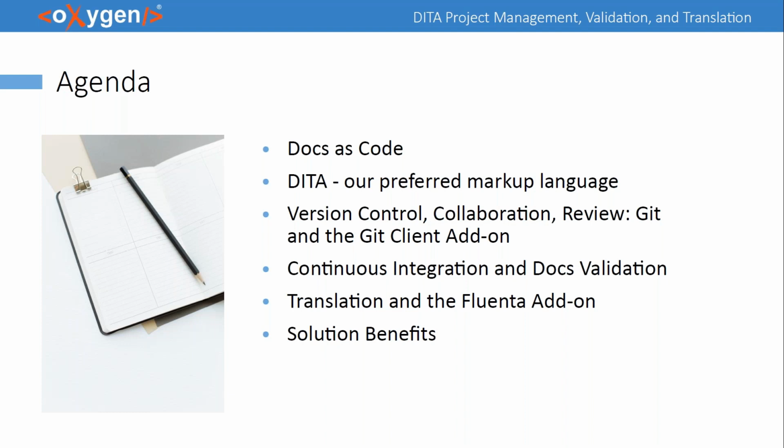Fourthly, continuous integration and document validation in such a continuous integration pipeline. And the last topic for today is about translation and how you can use our Fluenta add-on for translating DITA projects. Towards the end of my presentation, I also have a slide about the possible benefits of the solution that I am proposing to you today.